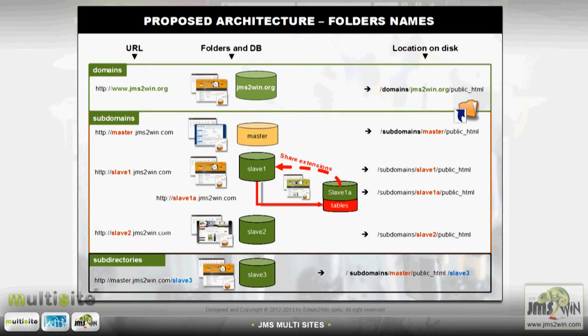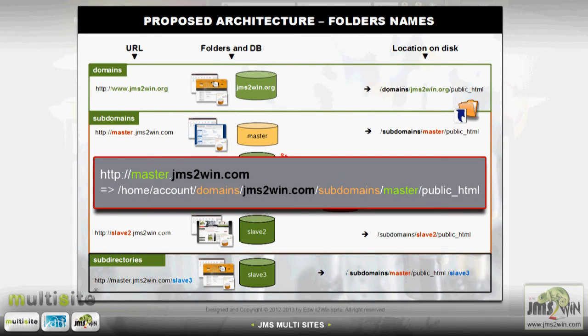If you create a website in, for example, a URL that is master.gms2win.com, the location on the disk is, for example, /home/accounts/domains/master/public.html, so that you have a specific directory for each website.